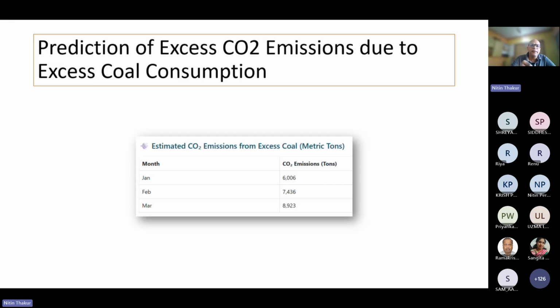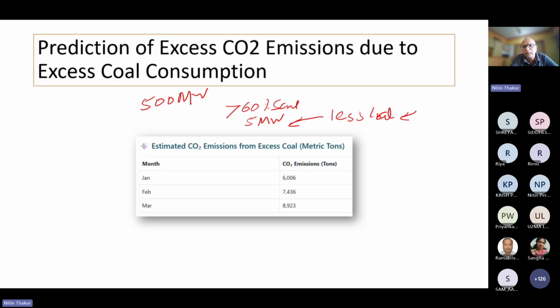Let's say I have a 500 megawatt total requirement, I will run all the power plants with more than 60% scaling at just 5 megawatt, and hence put in less coal, less money for the coal.